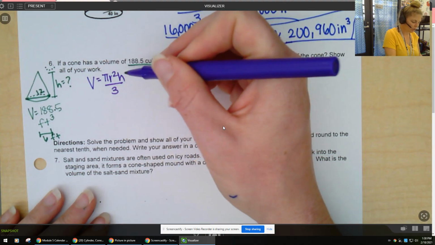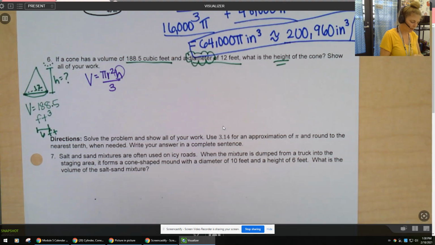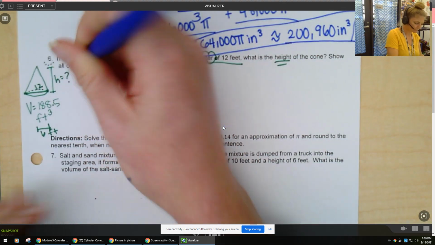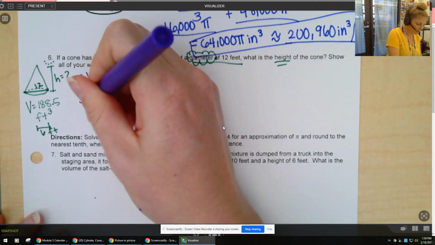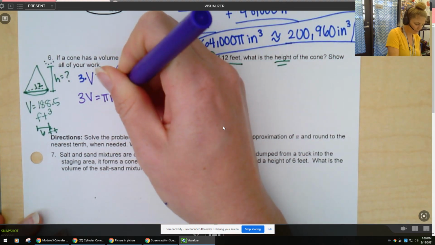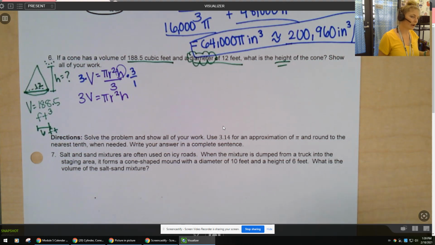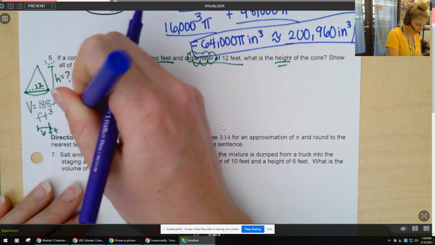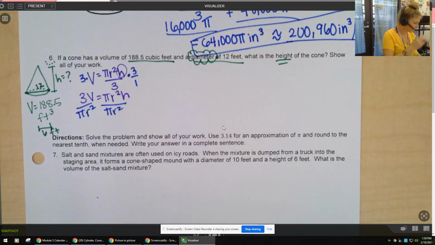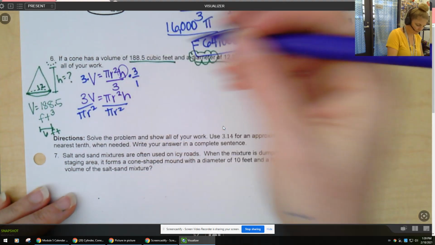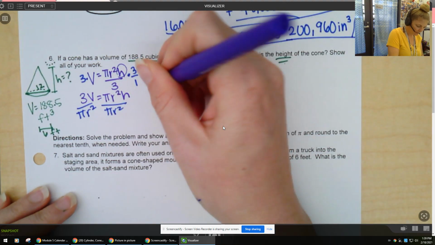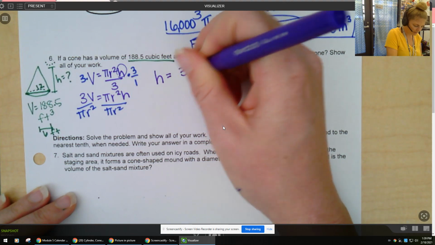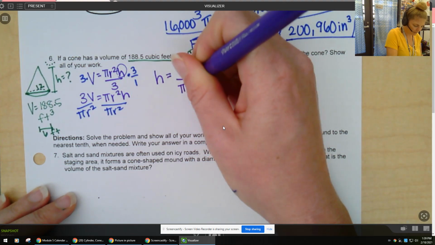And we can just solve for our height, meaning to get height by itself, I could multiply both sides by 3, and I would have 3v is equal to pi r squared h. And then from there, I could divide both sides by pi r squared because we are solving for h, and we would get the height, because that's what we're asking for, the height to be equal to 3 times the volume divided by pi r squared.